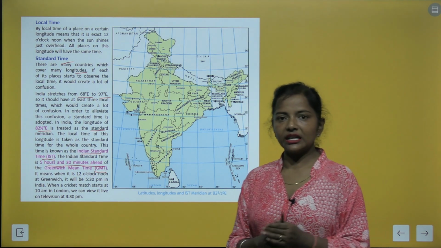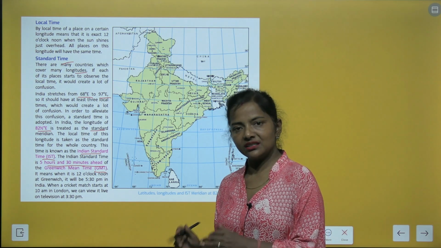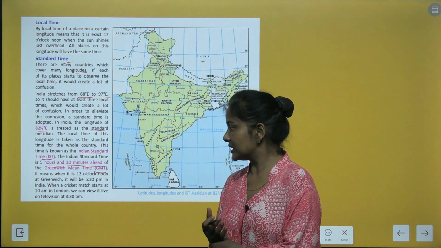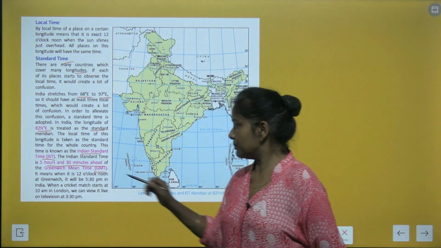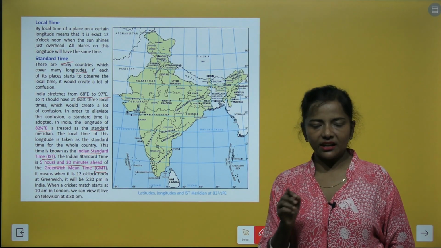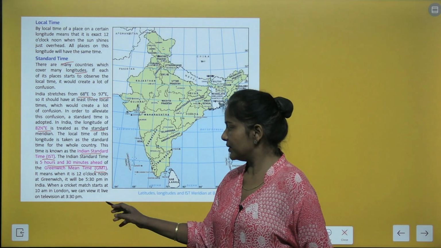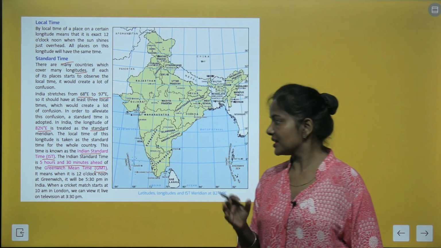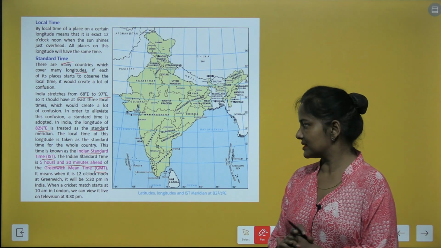When a cricket match starts at 10 a.m. in London, we can view it live on television at 3:30 p.m. The same 5.5 hours difference.